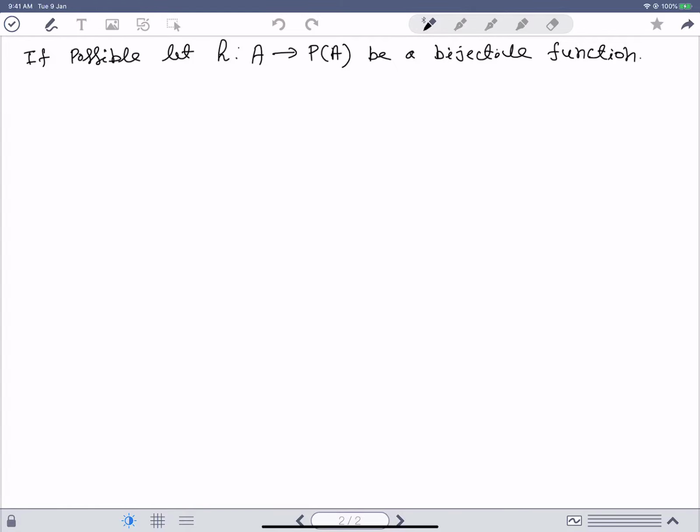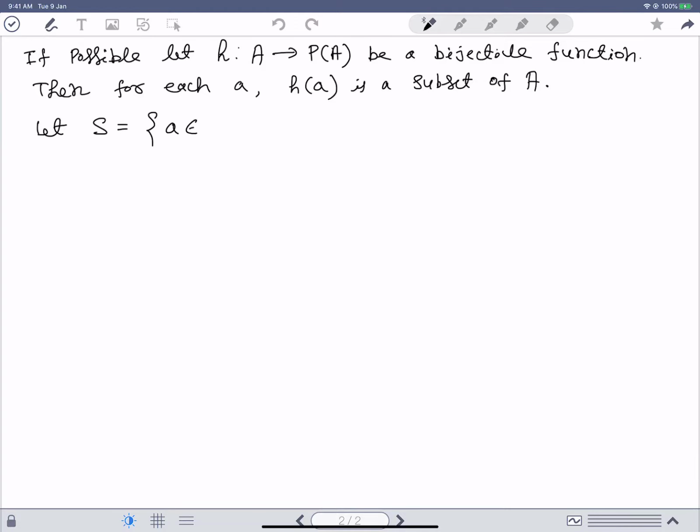Then for each a, what is h(a)? So h(a) is a subset of A, right? Now we define a set. So let S be the set defined as the collection of all elements a of A such that a is not in h(a).